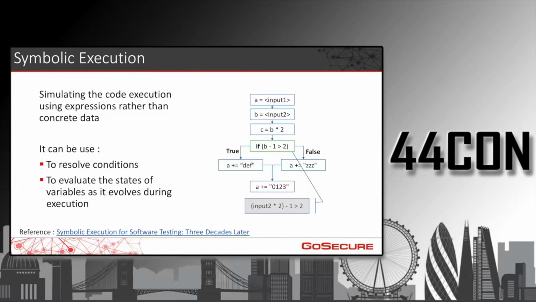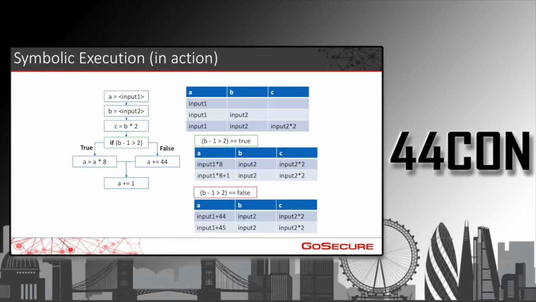So, for example, in this pseudocode, we might want to test how can we reach the condition where it's true. Then we transform the condition into an equation and try to solve it. So that's one use case. Not all conditions will resolve into an equation, but it can be possible. Then I have a quick example to show you how it works.